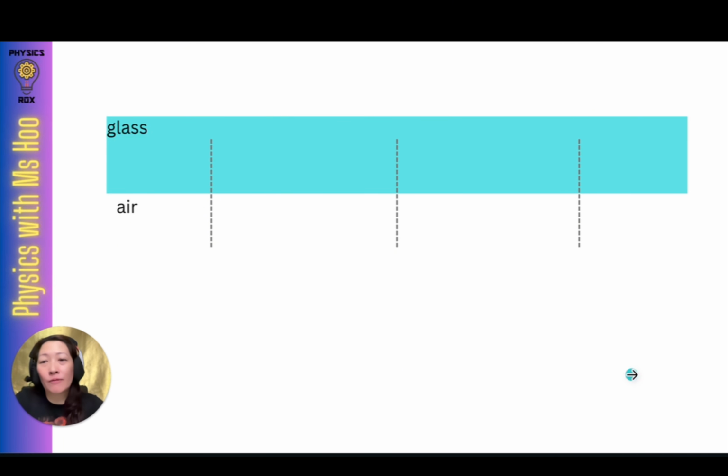For now, we're going to go straight into this topic. Now, if there was a light ray traveling from glass to air, how does the light ray travel when it's in air? Remember, this is from glass to air. Light travels more slowly in glass and faster in air. So yes, light will actually refract away from normal.